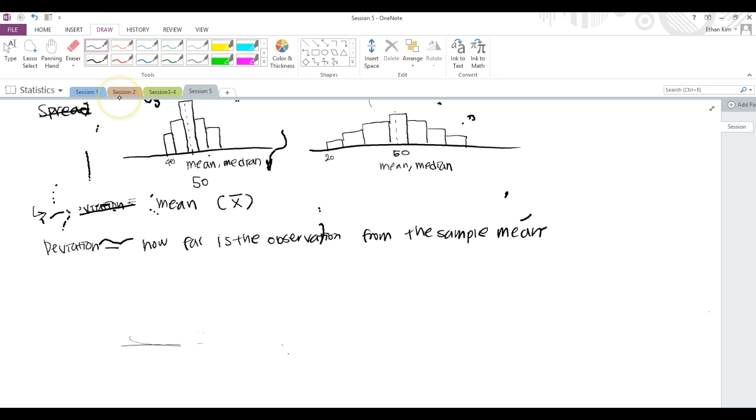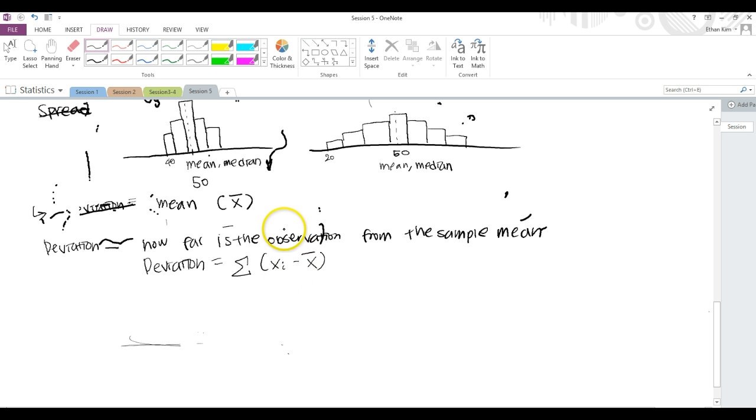So deviation equals the sum of xi minus x bar. xi means the ith observation, correct?